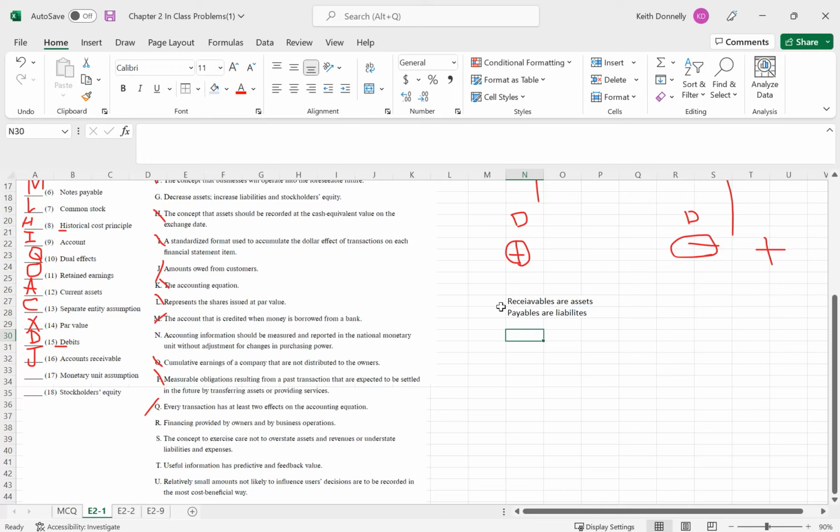And then a few of the tricky type of accounts. Prepaid expenses. These are assets, even though it says the word expense. Unearned revenue, right? That's a liability, even though they say revenue.